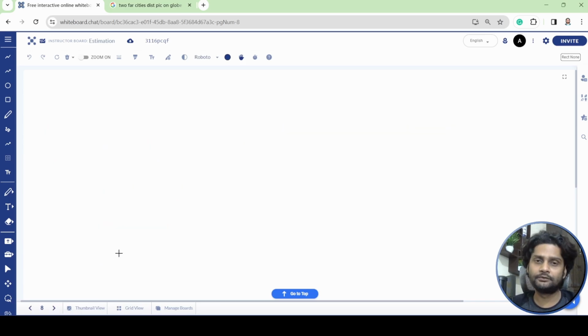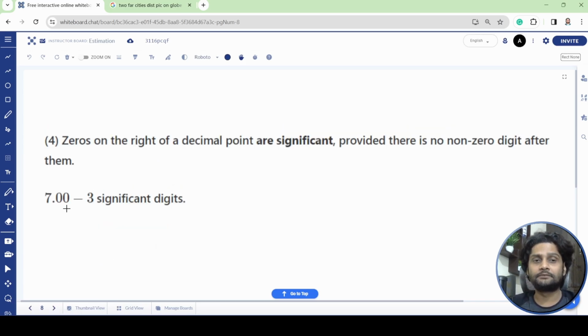Now the next rule. Students sometimes have a misconception between when we have a decimal number and when we have a whole number. Let's say we have a whole number. I already told you, students, that in a whole number, trailing zeros are not significant. So in that particular whole number, there exists only one significant figure.